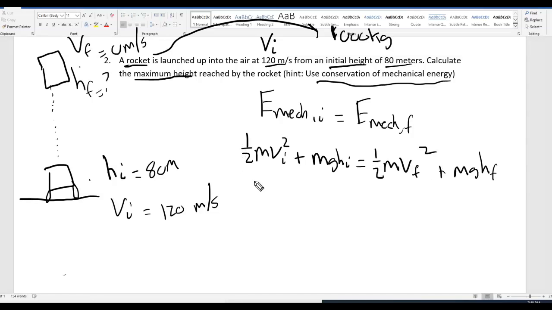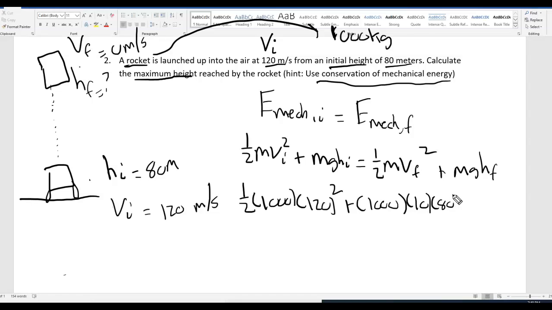Okay, so now I'm just going to plug my values in. I have 1/2 times 1,000, remember I'm using 1,000 for my mass, not that it matters, times v initial, which is 120 squared, plus the mass of 1,000 times g, the acceleration due to gravity, which is 10, times the initial height, which is 80. That's equal to, now remember, at the maximum height, it stops moving.